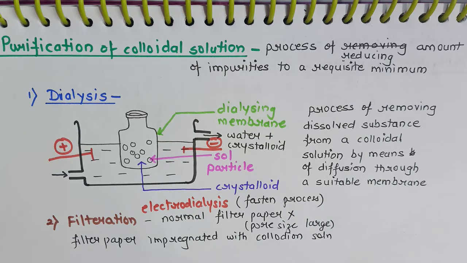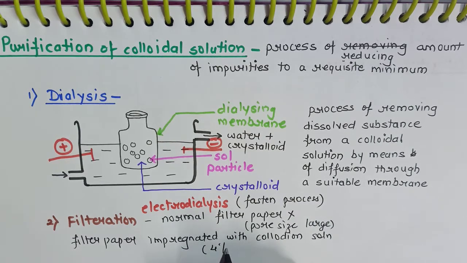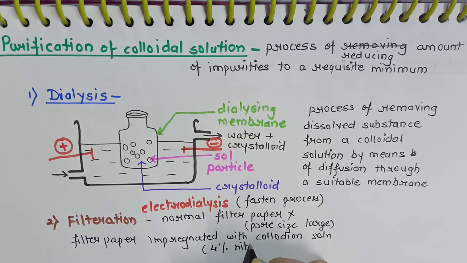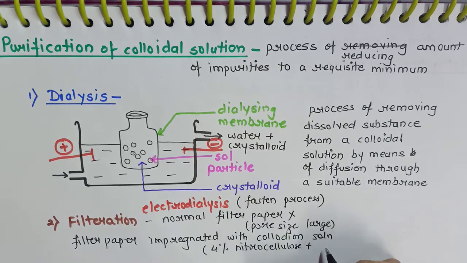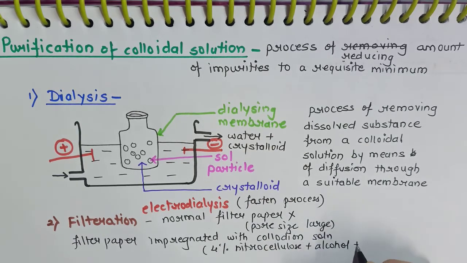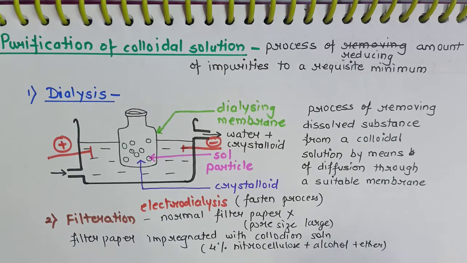Now what is this colloidal solution? It is a solution of 4% nitrocellulose in alcohol and ether. So the filter paper is impregnated with this colloidal mixture.